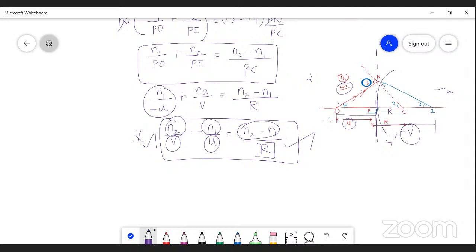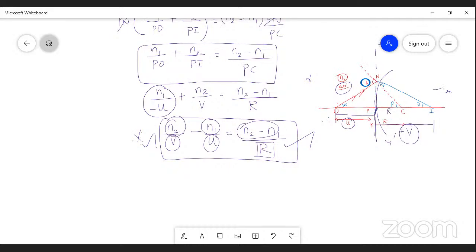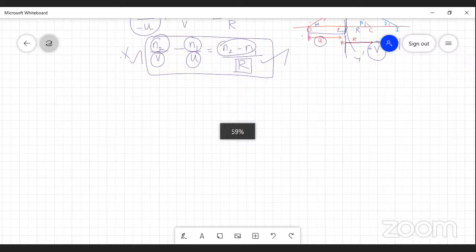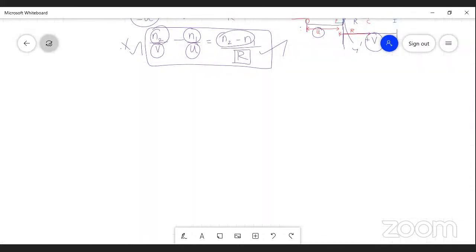This is the equation. Next, in our textbook, I give you one more example. Solve this using the equation, where we use it to find the position of the object, position of the image, and nature of the image.